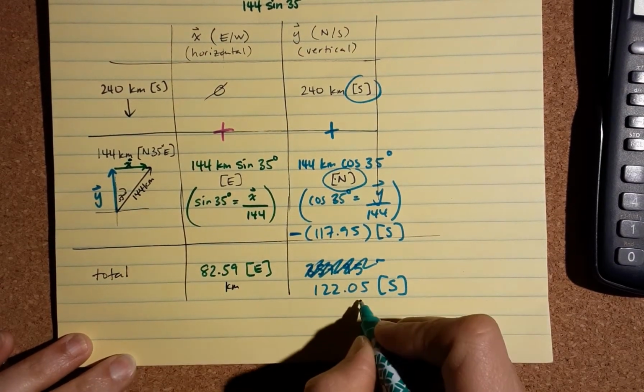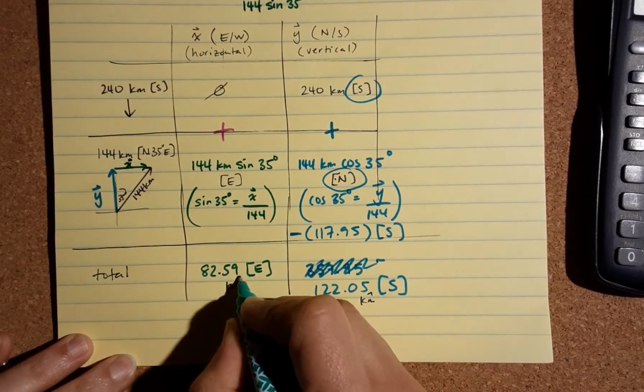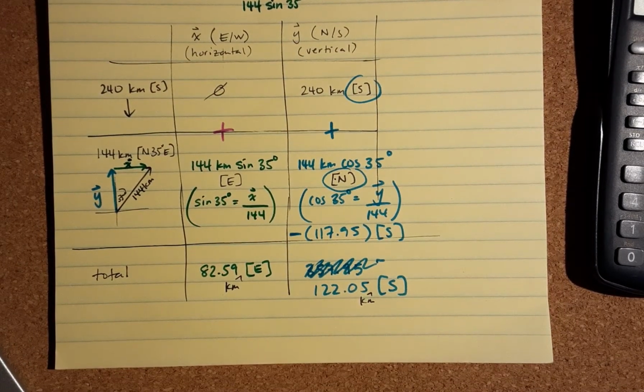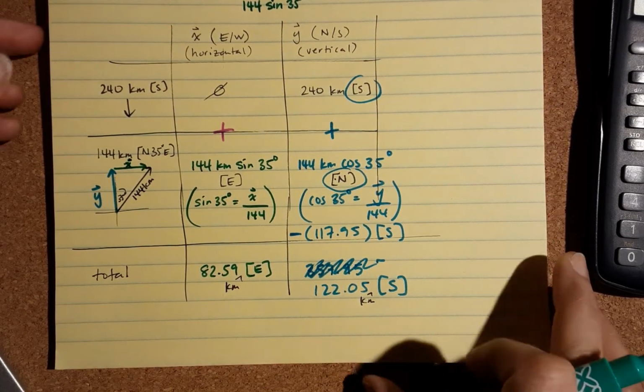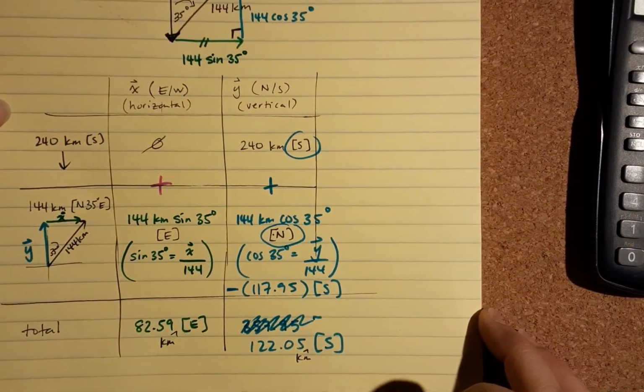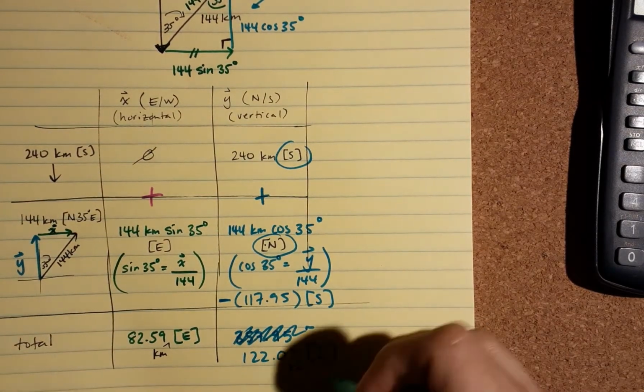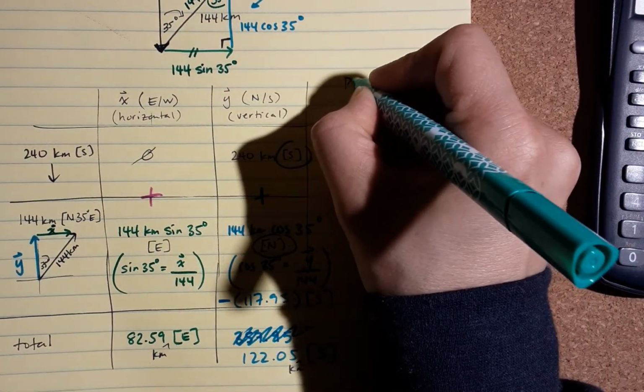I somehow dropped my units there. Okay. Now I do what I did last time. I put those two components together to get my final displacement. So let's see if I can fit this on the same page. I'll go up here. Okay, so I'm putting the components together.